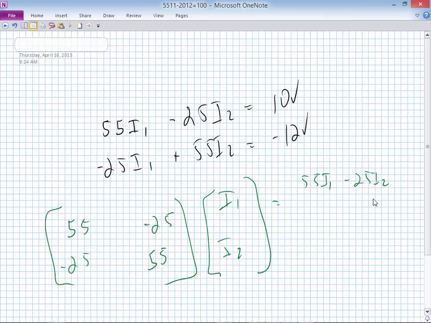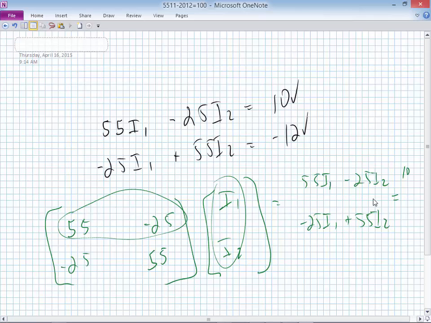Remember, this row times this column, minus 25 I1 plus 55 I2. And of course, we know that to be equal to 10, minus 12.